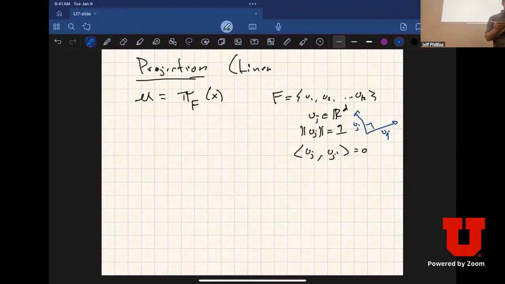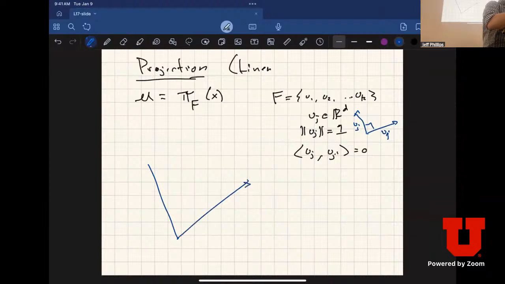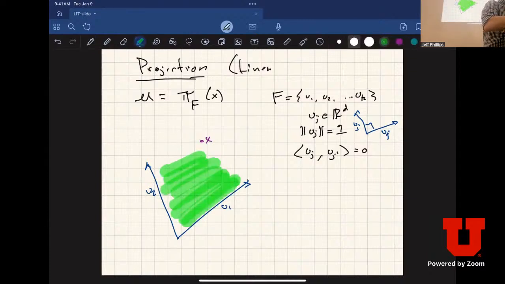Okay, and so this is going to be useful because I'm going to have these vectors u1 and say u2, and when I have a data point x, you can think of this subspace here, and I'm going to project x down onto the space, pi of f of x, and this is going to have two orthogonal components.